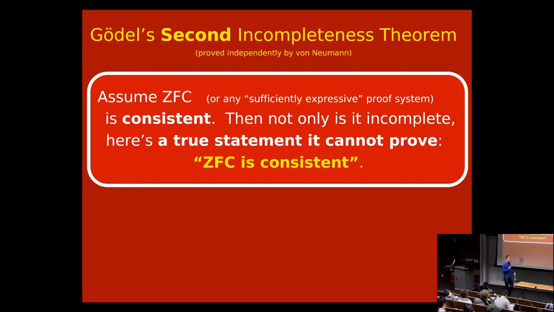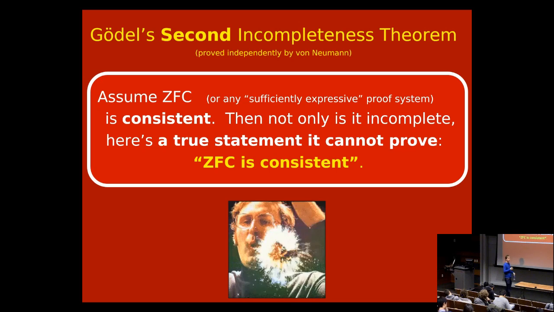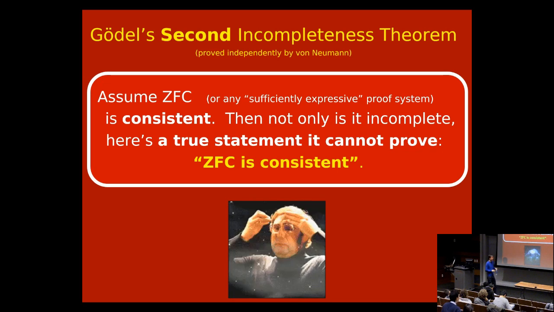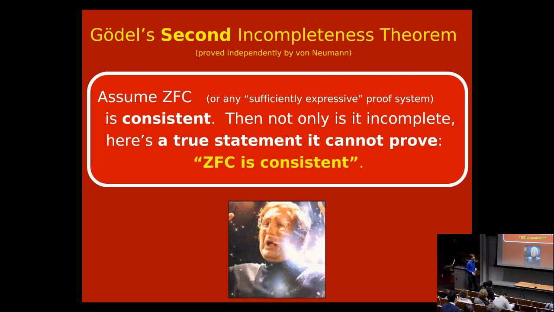Similarly, Gödel's theorem tells you, if you just write down ZFC, not only is there some statement that you cannot prove or disprove, here's a particularly interesting statement that you cannot prove or disprove. ZFC is consistent. So no matter what formal system you write down, it cannot prove its own consistency. And this is supposed to be the mind-blowing aspect of Gödel's second incompleteness theorem.